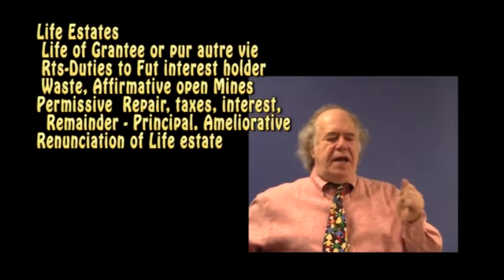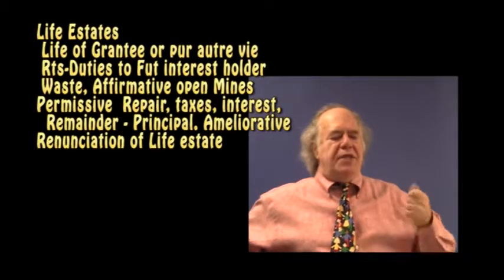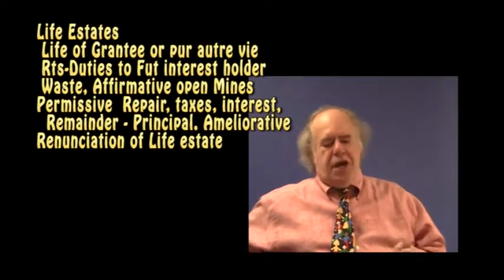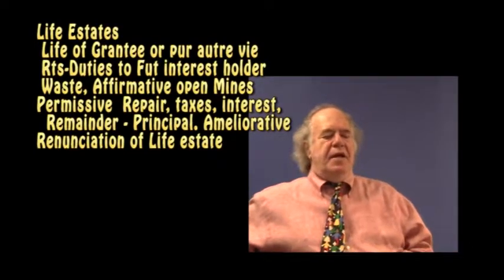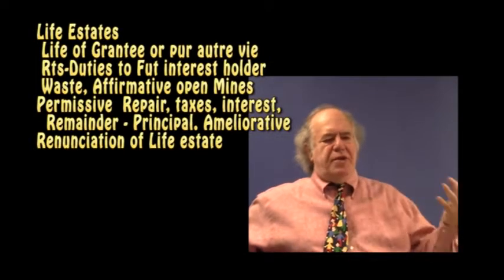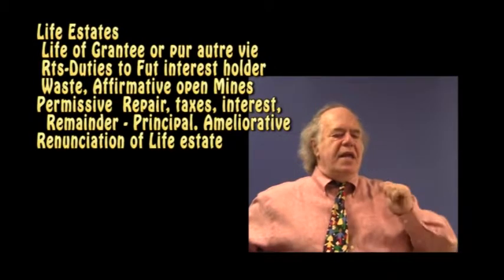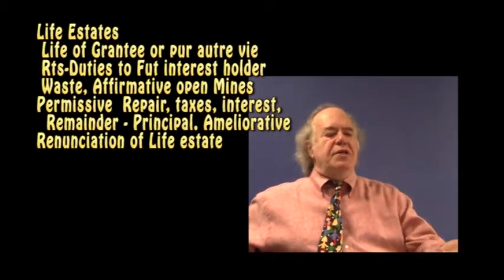The life tenant cannot do things that change the land in a way that's injurious to the future interest holder, generally. But that's very oversimplified. The life tenant has to maintain the land in its present condition, do repairs, pay taxes, and so forth, but not beyond the income that the life tenant actually gains from the land or the rental value of the land.